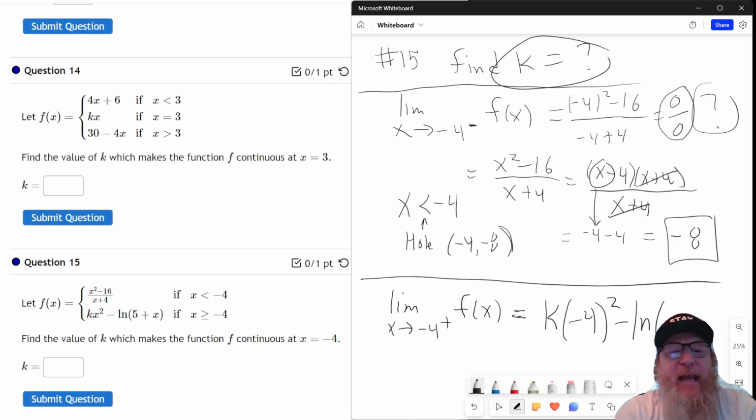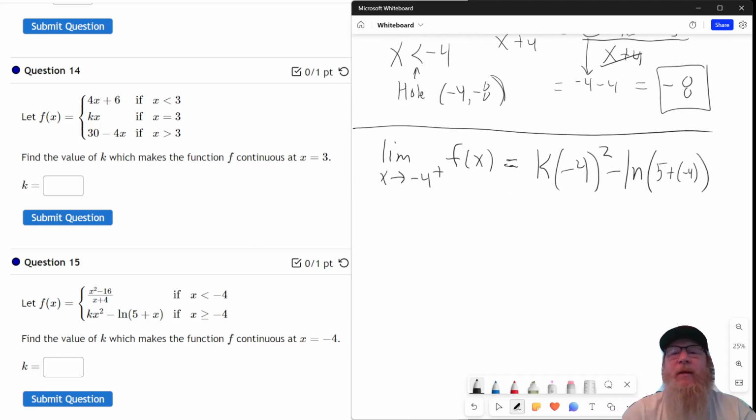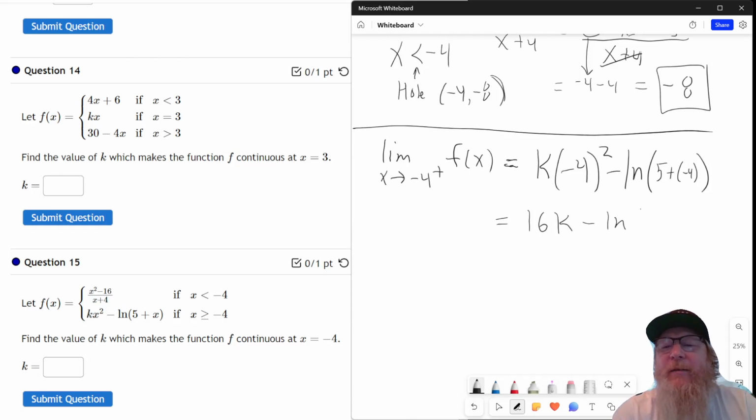And then we have the ln of 5 plus -4. So all this means is 16k, -4 squared, 16, then times k, minus the ln of 1.